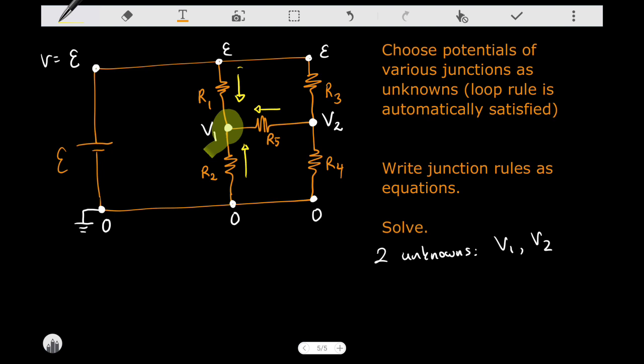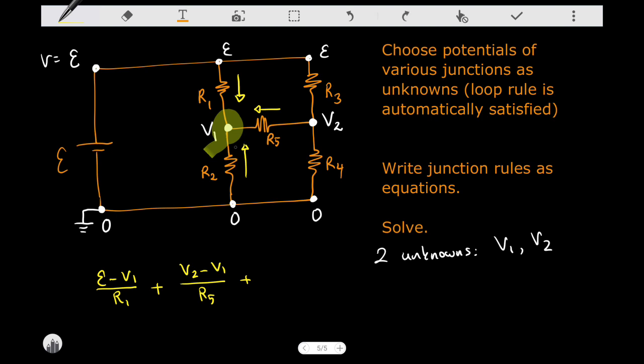So I'll start with this upper branch in here. What's the current there? It's the potential drop, which is E minus V1 divided by R1. So that's my first current. And then what's the current in this branch? It is the potential drop, which is V2 minus V1 divided by R5. And finally, what's the current in that branch?